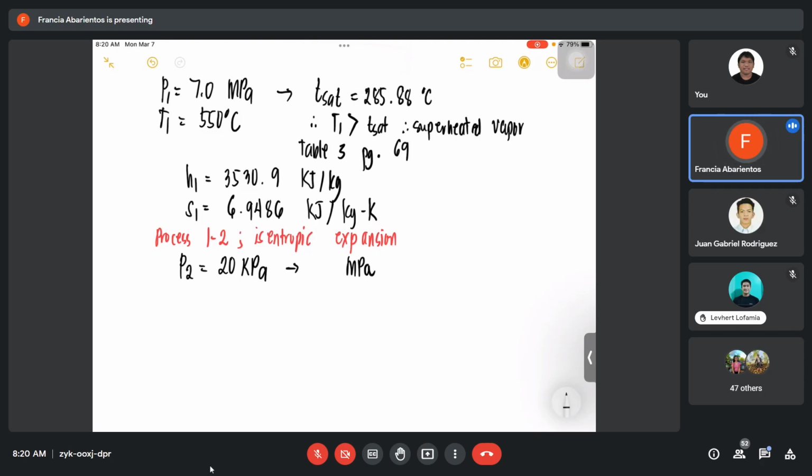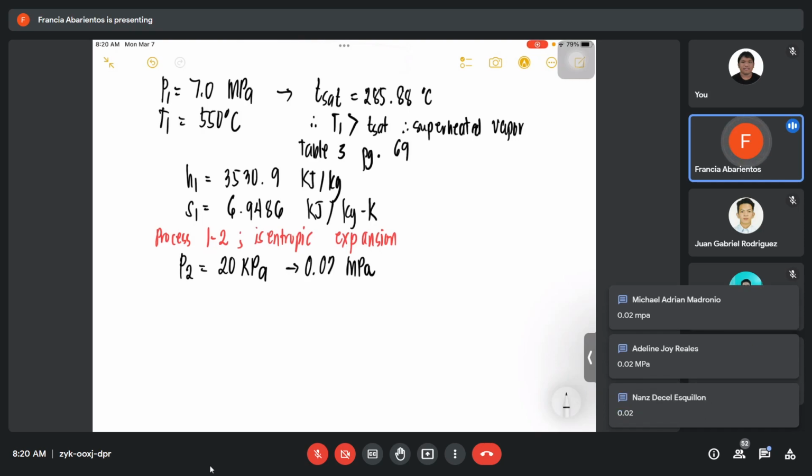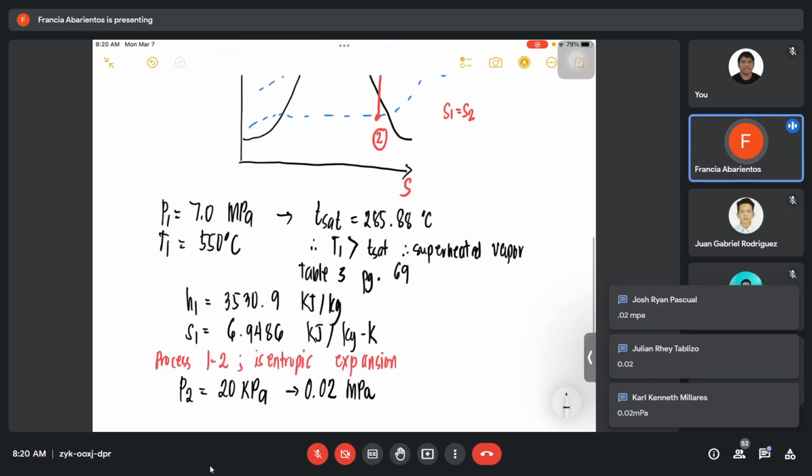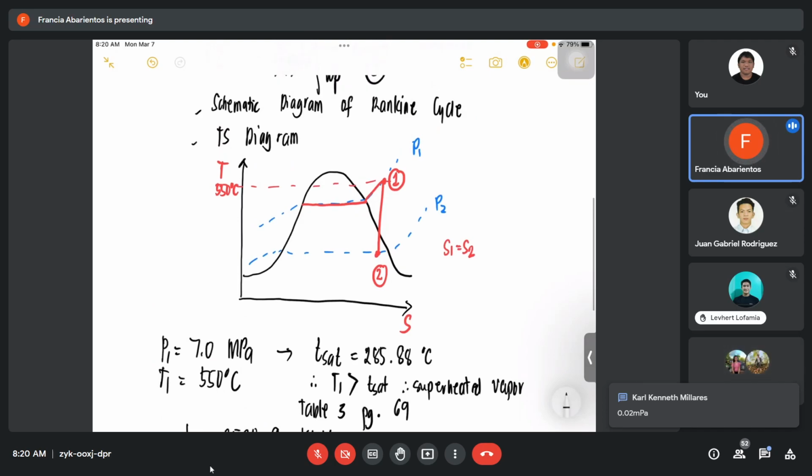If we have 20 kilopascal, what is the pressure? Anyone? Okay, so we have now 0.02 MPa. So this is now your properties. Pressure 1 and pressure 2. Yes, class, because pressure 1 is just equal to pressure at point 4 and pressure 2 is equal to pressure at point 3. So this is the constant pressure. Yan. Constant yung pressure.